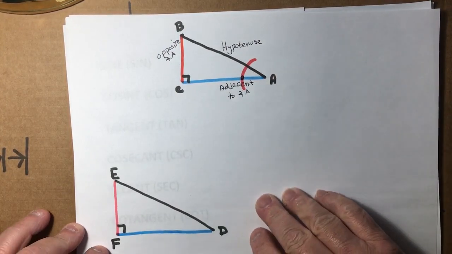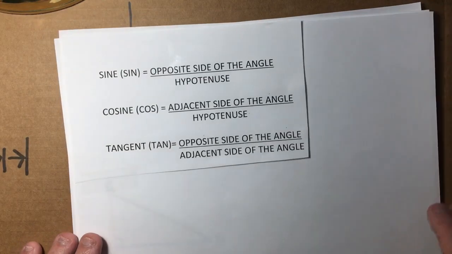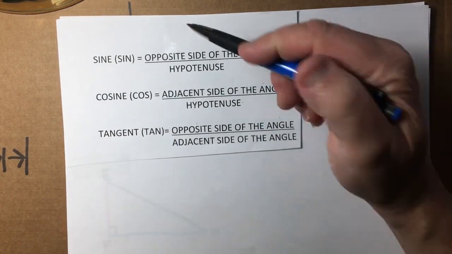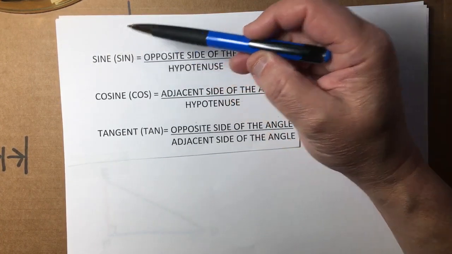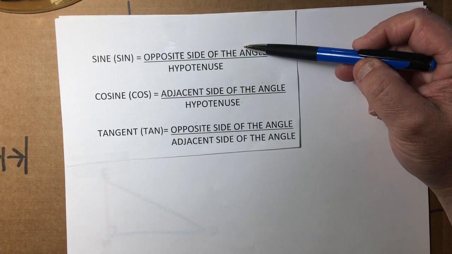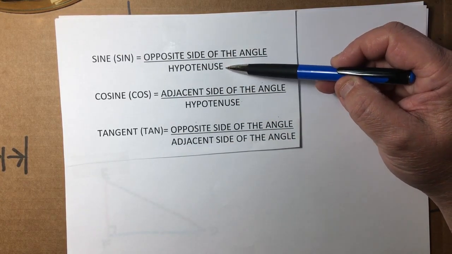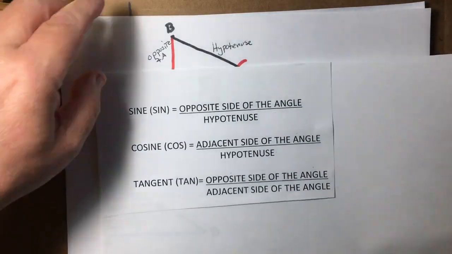Now, let's look at the definitions of the trig functions. We have the sine. The sine of an angle is the fraction of the opposite side of the angle over the hypotenuse. Okay? And let's take a look at that in this triangle.